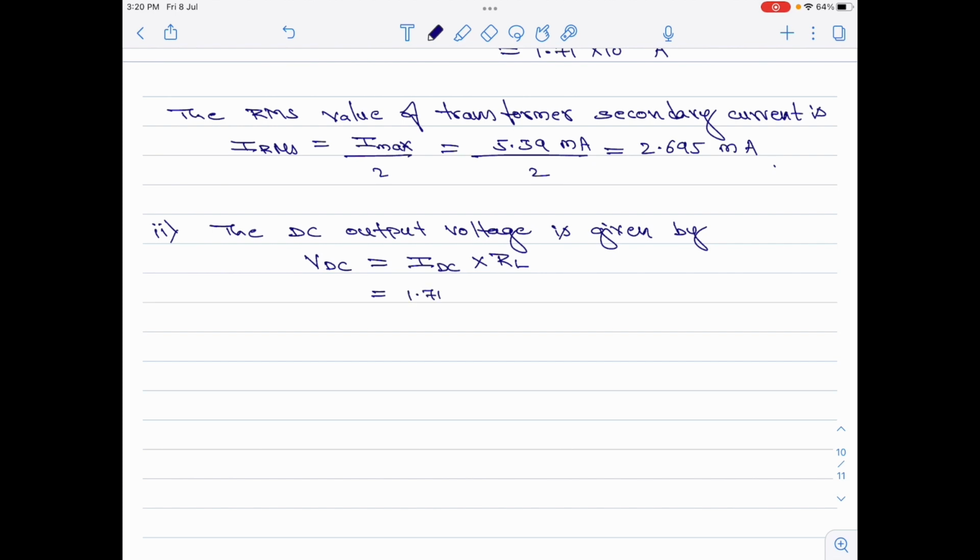IDC is 1.71 milliamperes, RL is 20 kilo ohms. Therefore, the value of DC output voltage is 34.2 volts. That is the solution for part 2 of the question.